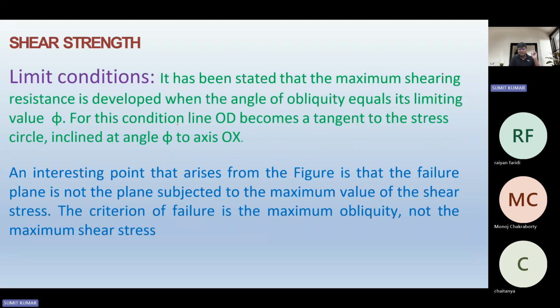For this condition, the line OD becomes tangential to the stress circle, inclined at angle phi to the horizontal axis. An interesting point that arises from the figure is that the failure plane is not the plane subjected to the maximum value of shear stress. The criterion of failure is the maximum obliquity, not the maximum shear stress.